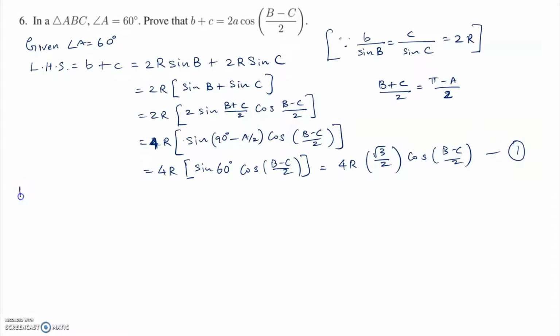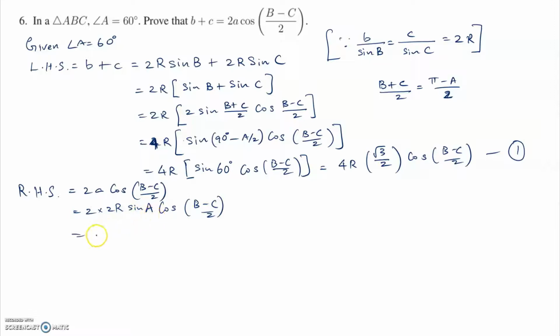Let's now take the right hand side. Now the right hand side is 2a cos (B minus C)/2. So the a can be replaced with 2R sin A. So this is 2 times 2R sin A into cos (B minus C)/2.